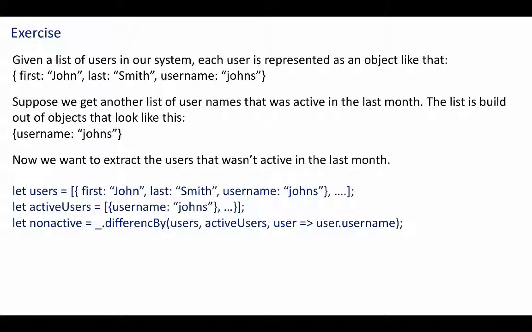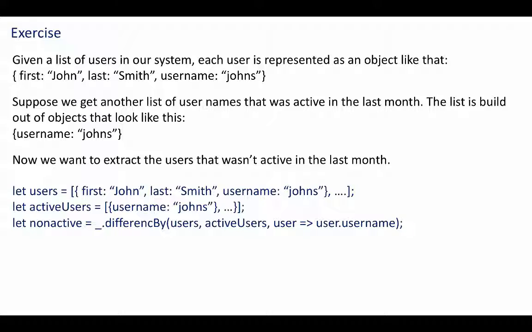So we can activate the differenceBy function like that. We define a new variable called non-active, which is equal to _.differenceBy. We're passing the users array and the active users, and then a third parameter, which is a function that accepts a user as parameter and returns the username. So what is happening here is that we take the first user, the first element in the users array, and extract or return only the username.